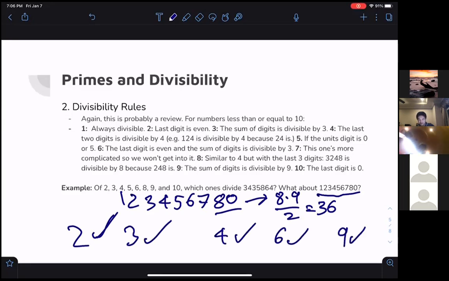We also know it's divisible by 5 because it ends in a 0, and 10 as well, because it's obviously even. We notice 780 is 4 times 195, so it's not divisible by 8. And that's pretty much it actually. 1, of course, 1, 2, 3, 4, 5, 6, 9, 10.